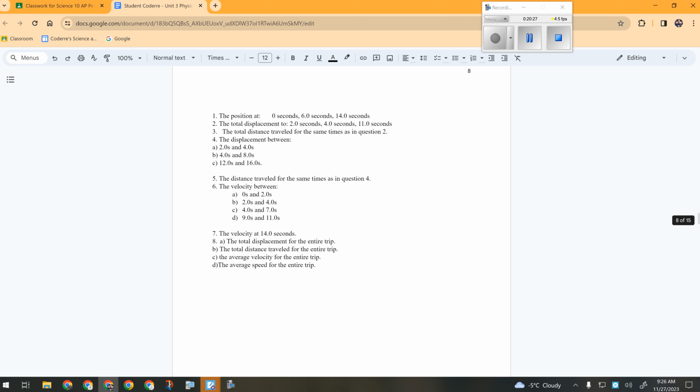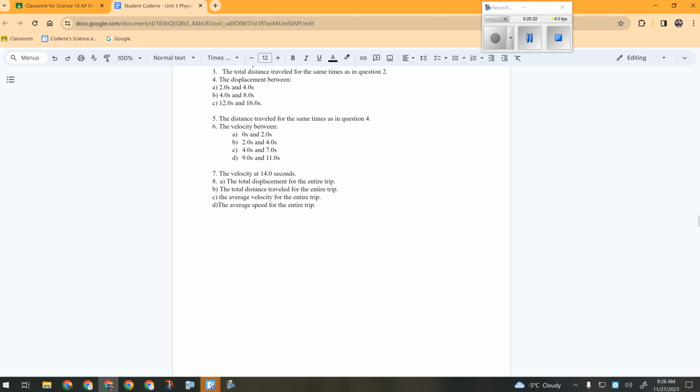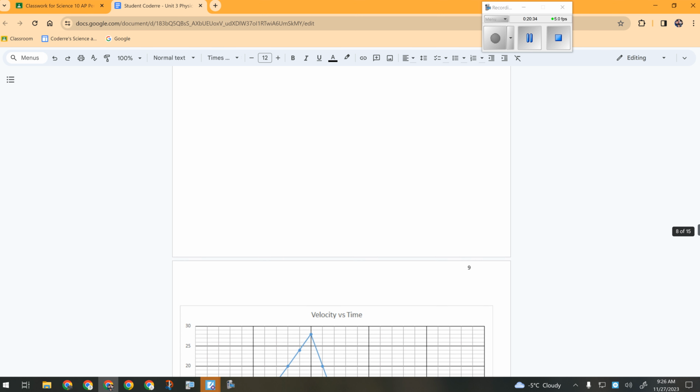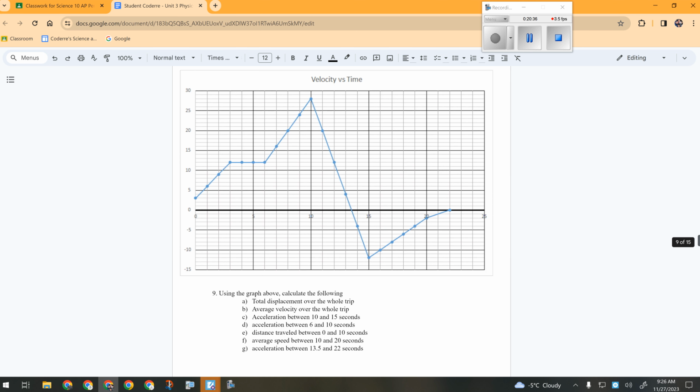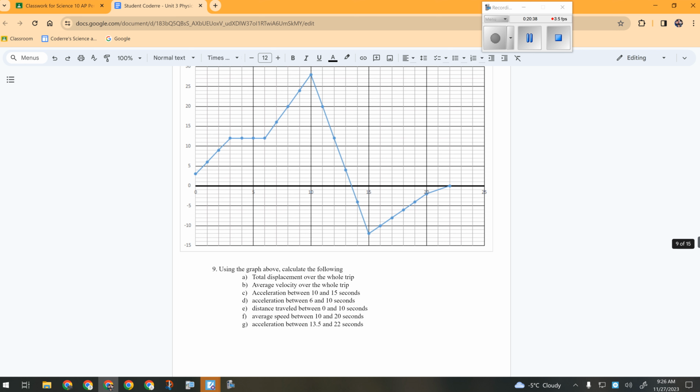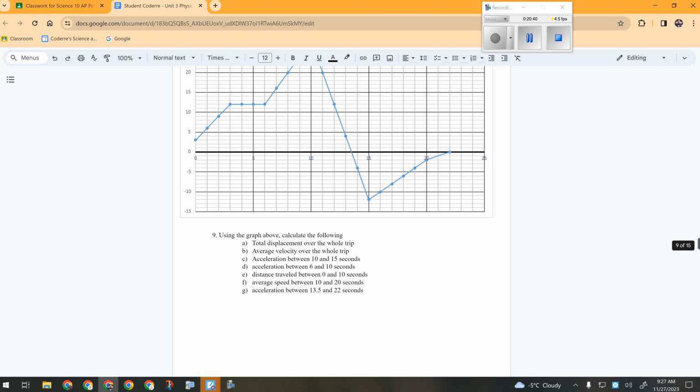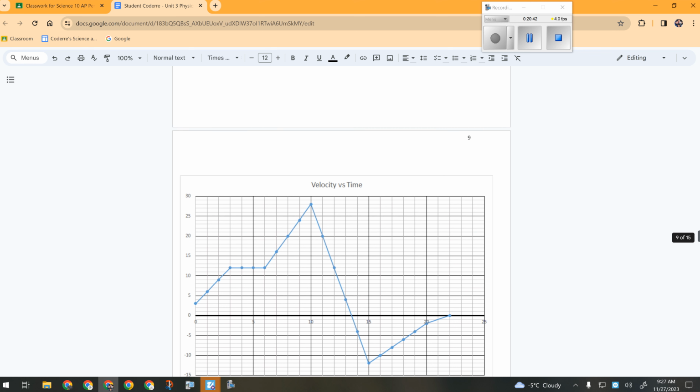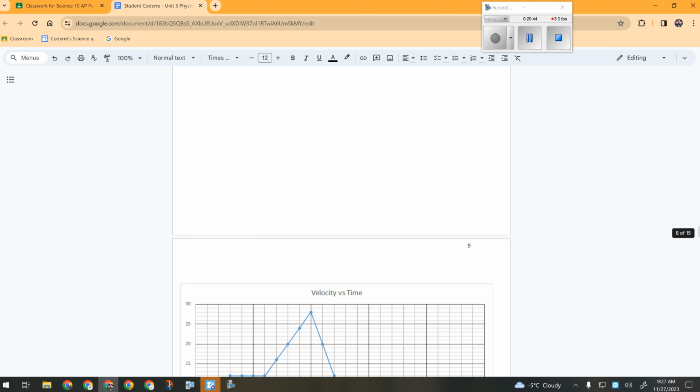Some of them are very, very simple, like just reading the position off of the graph, like question number 1. And then after that, there's a velocity versus time graph with a few questions on it. So it'll be kind of the last thing. It's not coming in for marks, even though it says assignment.